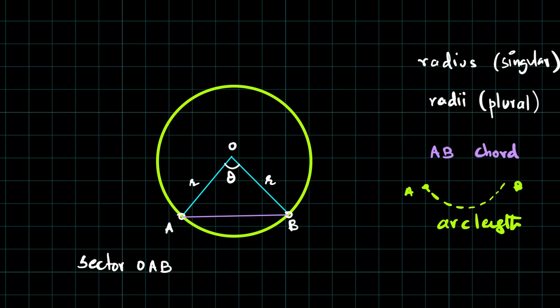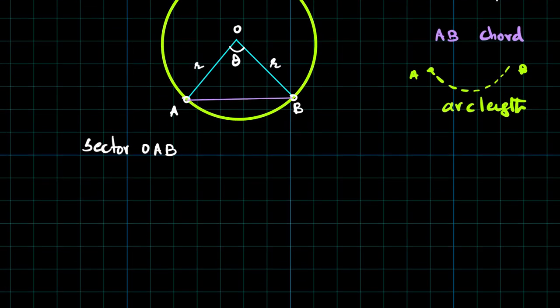So this face right over here, let me illustrate it a bit more. So I need a line segment again, and like this, and another line segment like this, and then using this green color over here. This shape is a sector, and the name of the sector is OAB.